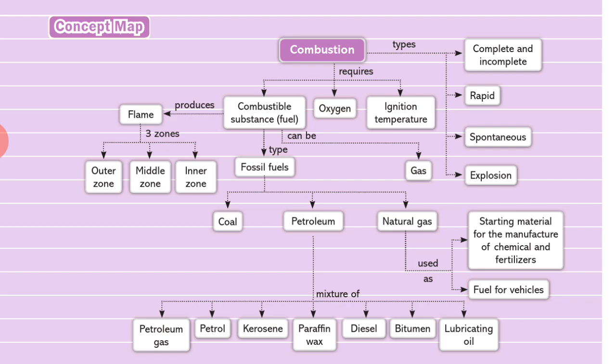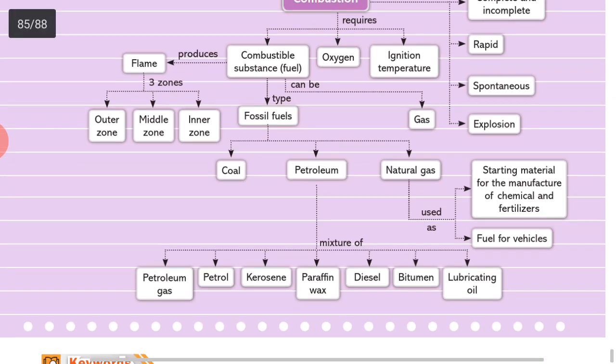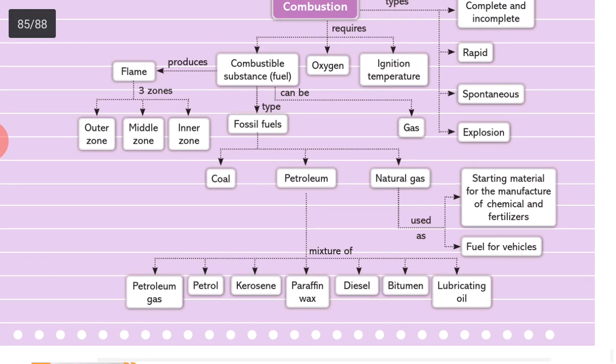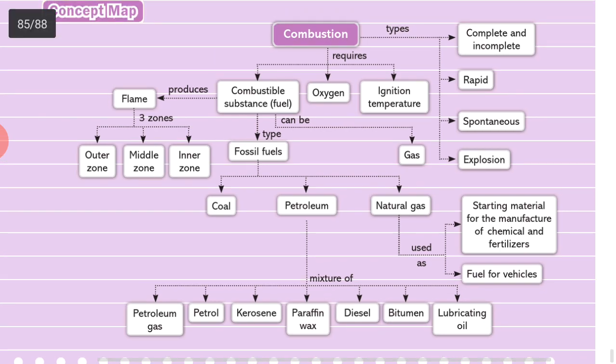In natural gas, it is a starting material for manufacturers of chemicals and fertilizers, and used in vehicles as CNG. Petroleum gas, petrol, kerosene, paraffin wax, diesel, bitumen, and lubricating oil we also studied. So it's a recap of the chapter, basically what we studied.